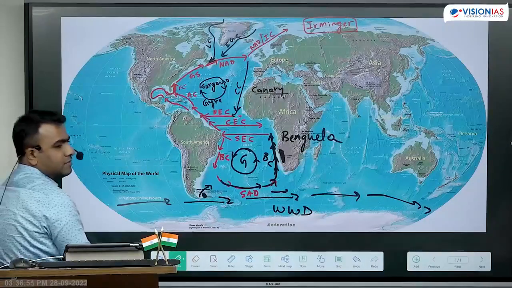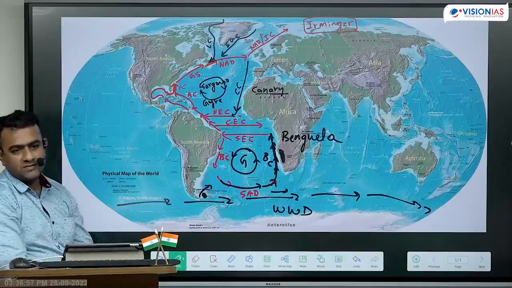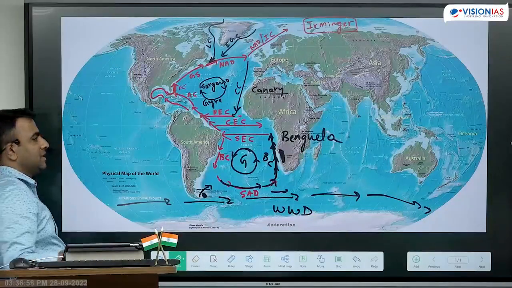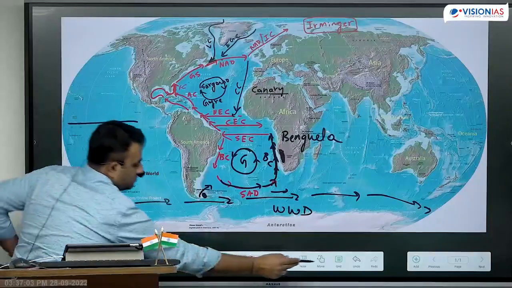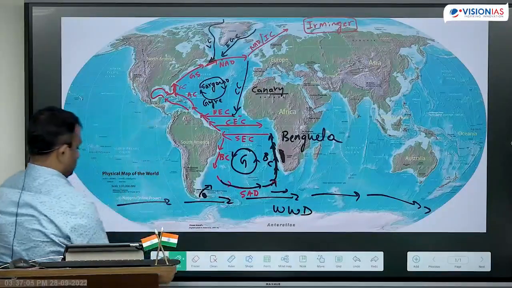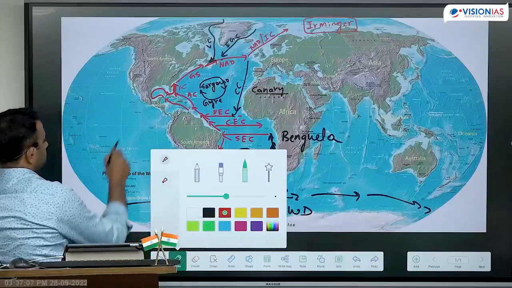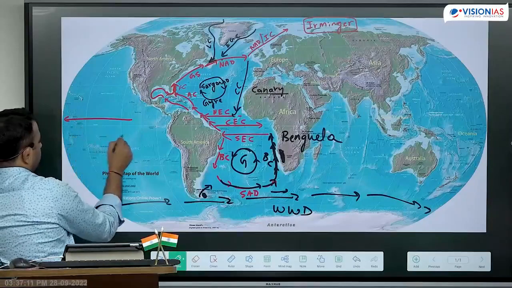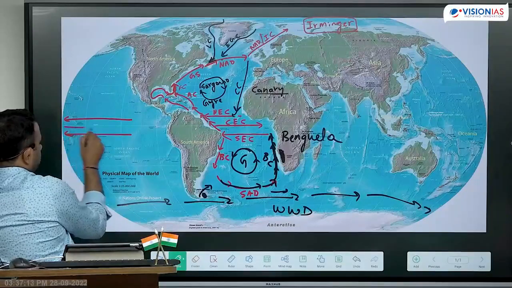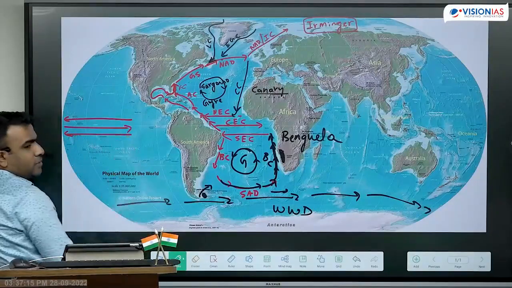There is a strong influence of trade winds, both northern trade winds as well as southern trade winds. Here also it generates the north equatorial current, south equatorial current and counter equatorial current.